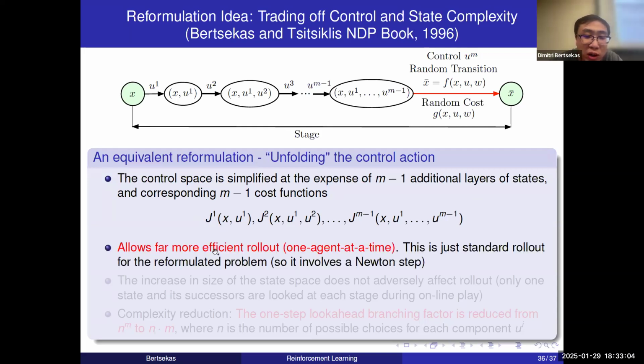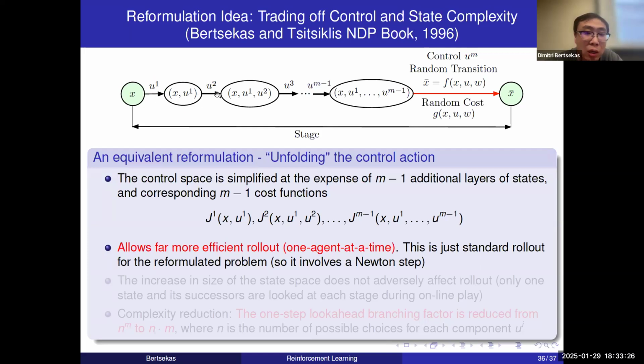This allows far more efficient rollout calculation because, as you may recall, here in this stage, if we apply rollout, we just choose all the feasible U1 and move on to the next stage and so on. But the question is, how will we decide U1?